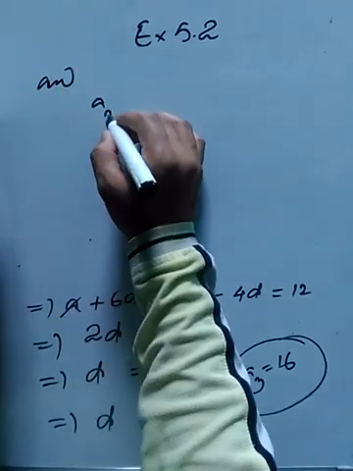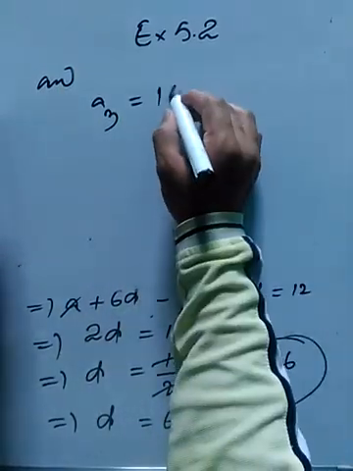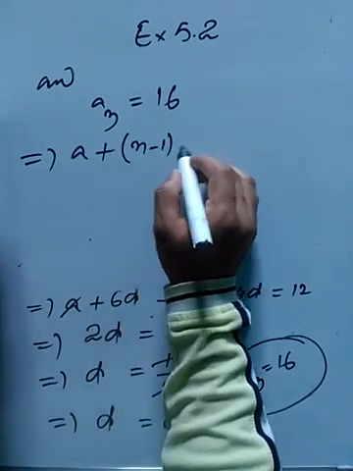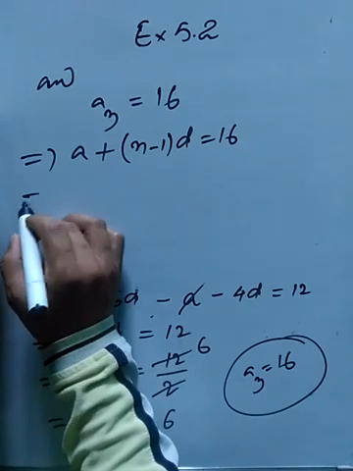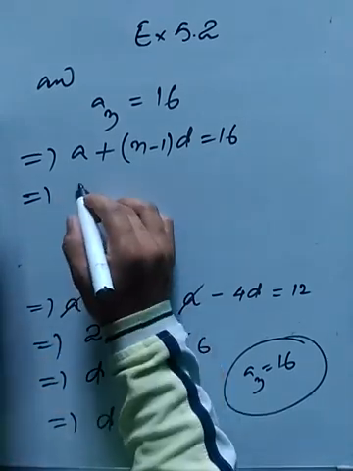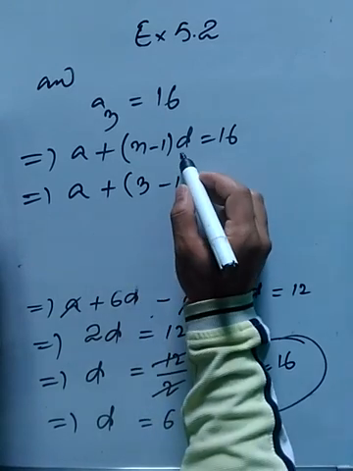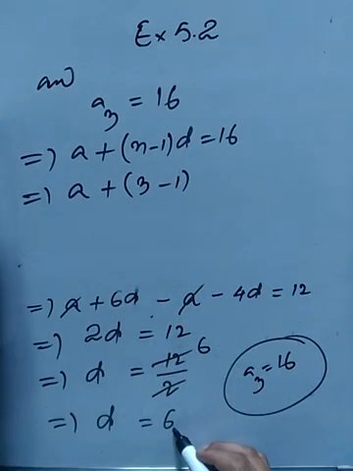The third term is 16, so a plus (n minus 1) whole d equal to 16. What is the first term? We do not know. The n value will be 3, 3 minus 1. And what about d? We got here 6.